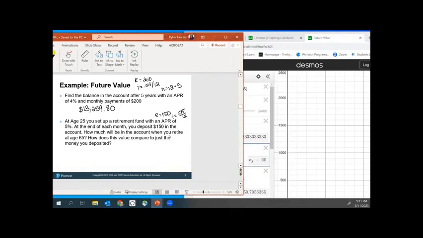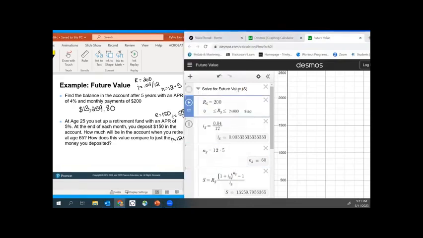And then our N, 12 times a year, we're going to go from age 25 to 65. So that's 40 years that we're going to do that. Again, I'm in solve for future value here because it says find the future value.